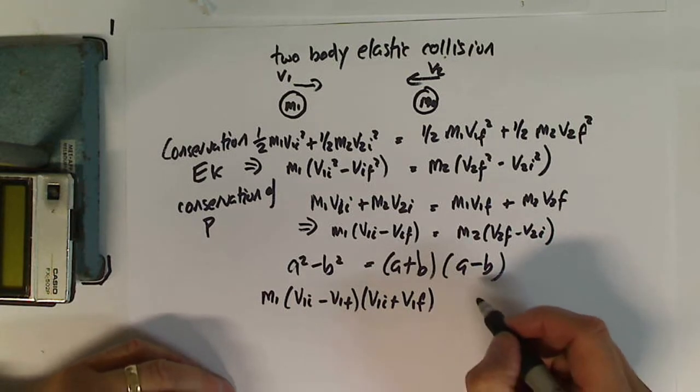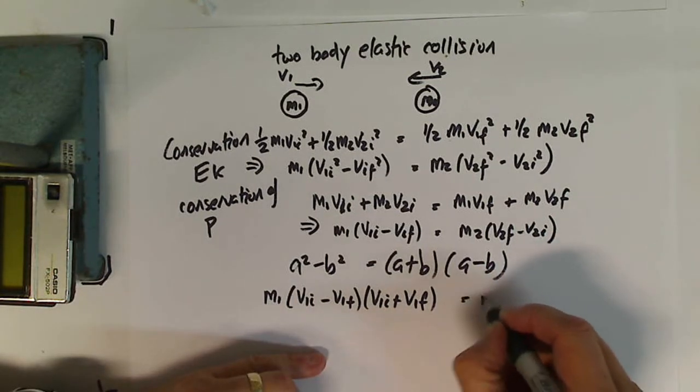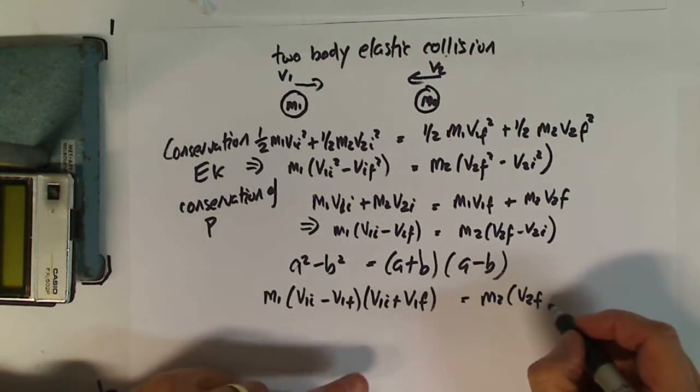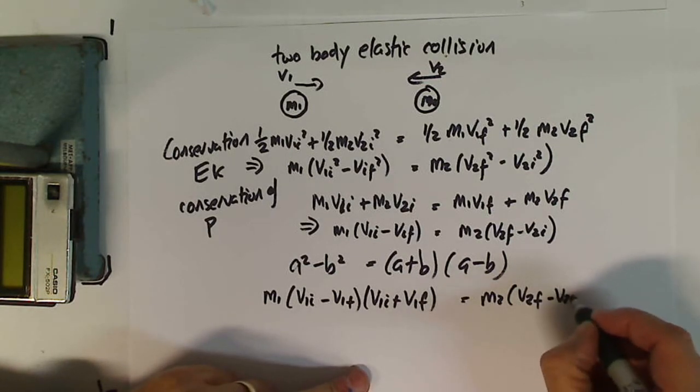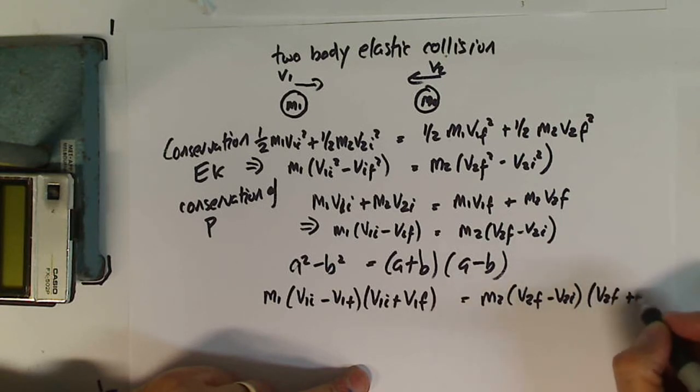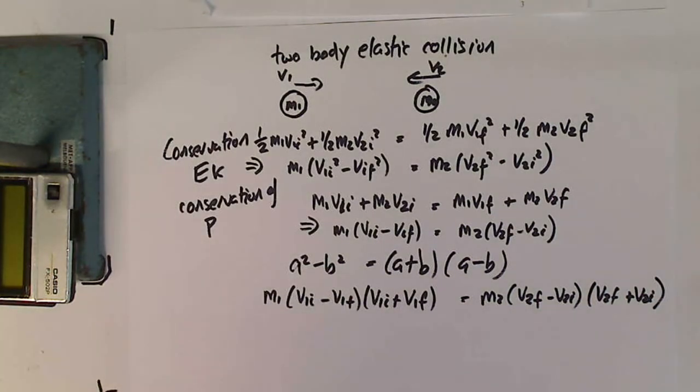And that's equal to M2 times V2 final minus V2 initial times V2 final plus V2 initial. Alright, so now we're looking good.